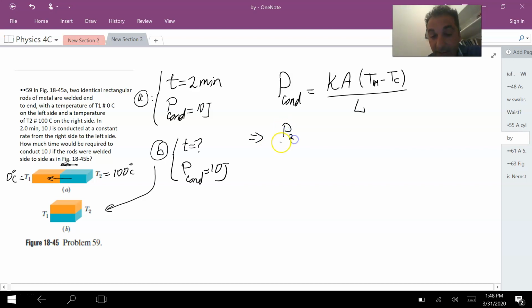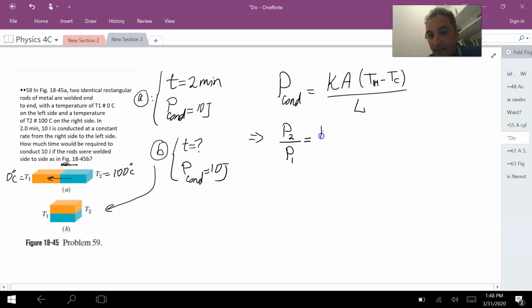I already explained it to you in physics 4B, even in 4A. We can write P2 over P1, say P is directly proportional with K, with A, with delta T.